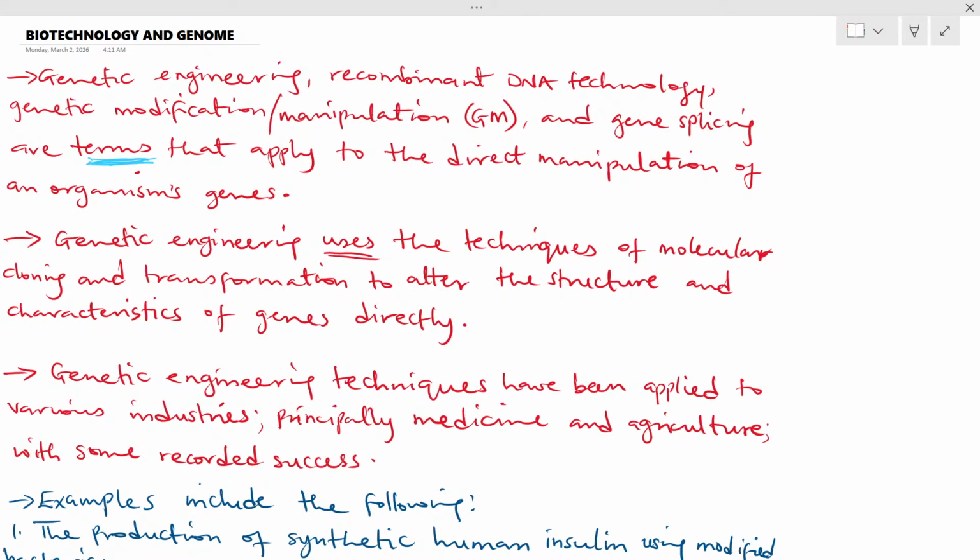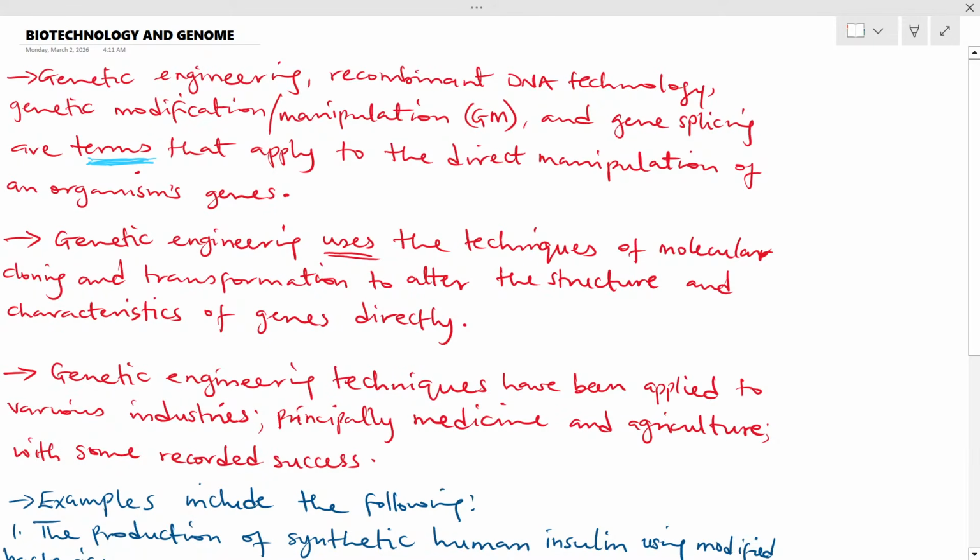Genetic engineering actually uses the techniques of molecular cloning and transformation to alter the structure and characteristics of genes directly.